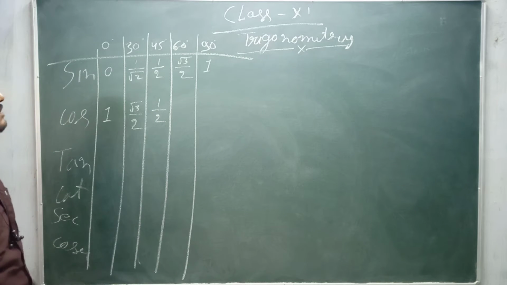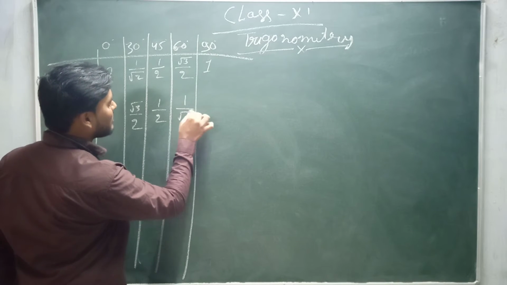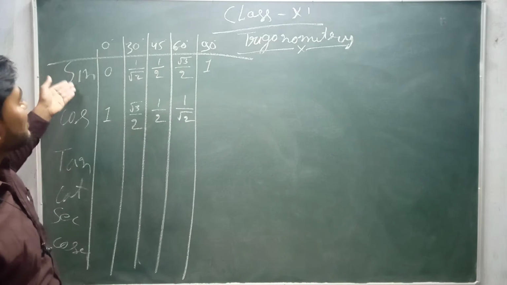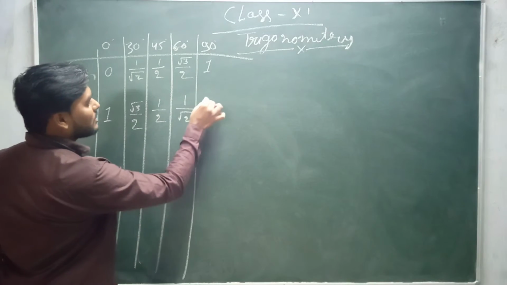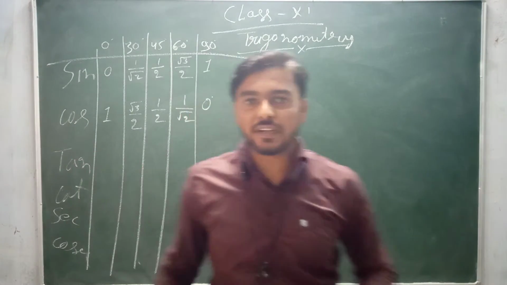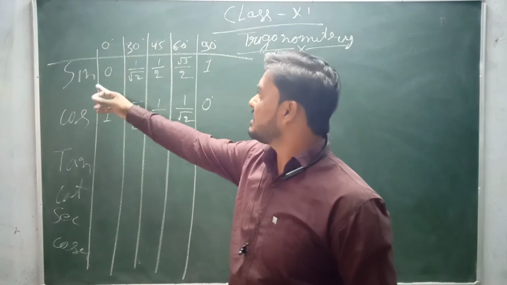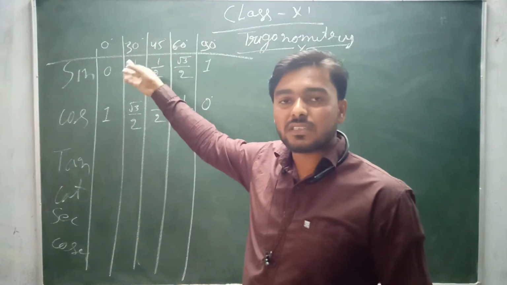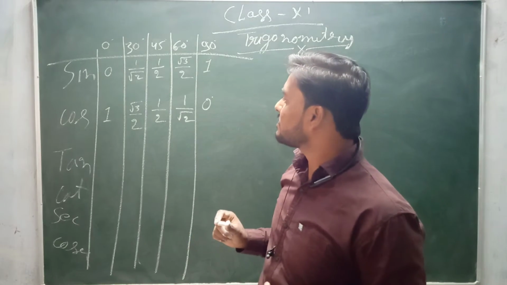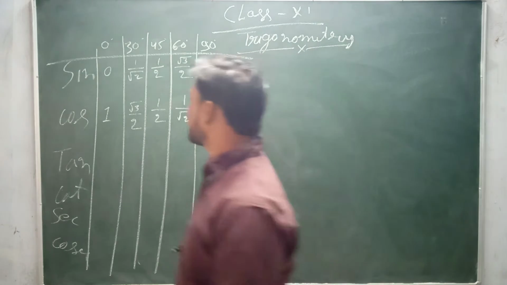Cos 60 is 1 by 2. Cos 90 equals sin 0. Reverse them and you will find the cos values. You only have to learn the sin values for 0, 30, 45, 60, 90.